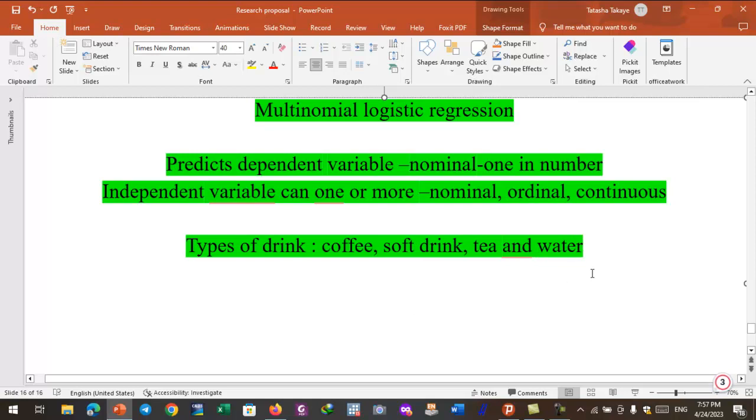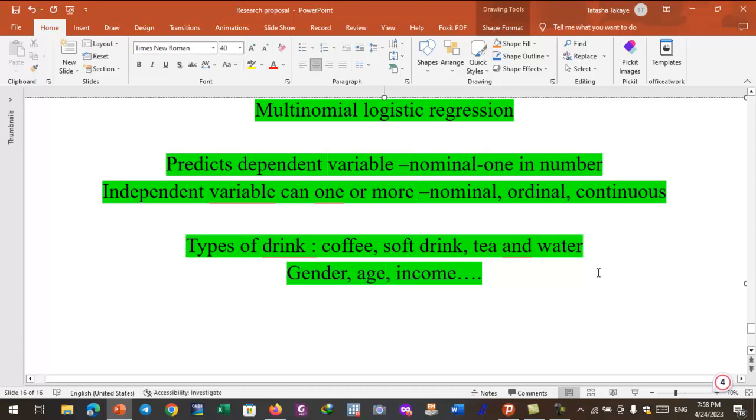Let us assume that in our study, our interest is to check whether the preference of type of drink can be affected by the gender of the respondent, by the age of the respondent, or by another variable, let us say, the income of the respondent.